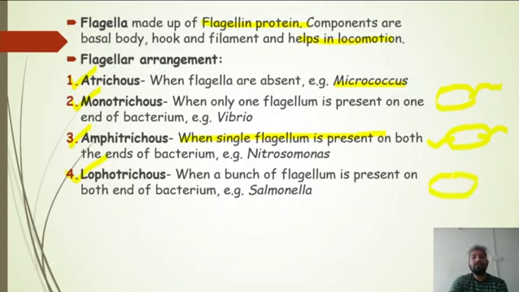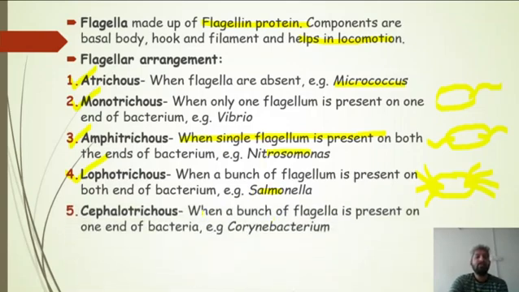This is a bacteria. A bunch of flagella is arising from one end only. Lophotrichous, from both the ends, the bunch of flagella is arising. Example is Salmonella. Amphitrichous, Nitromonas.